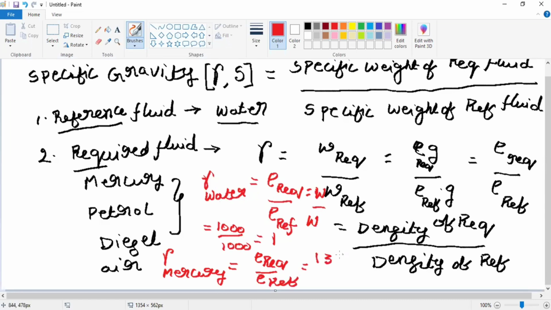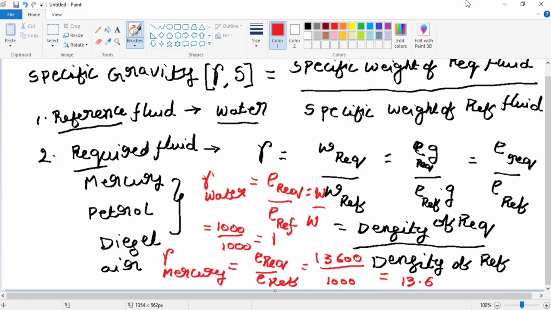Required fluid density is 13,600 kg per meter cube. Reference fluid is water, and water density is 1000. So its value is 13.6. In this way, we can calculate the specific gravity of any type of fluid.